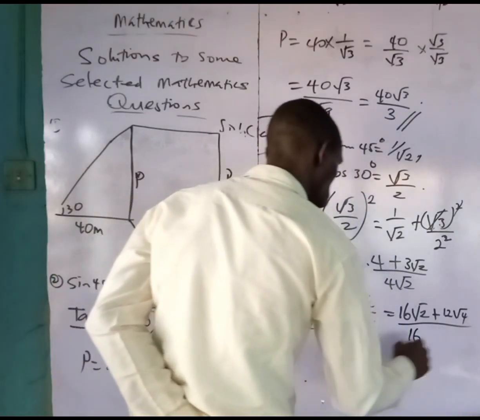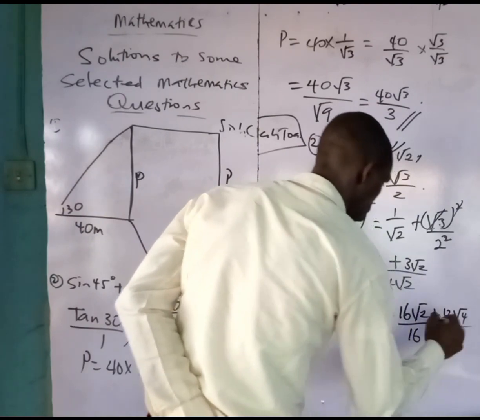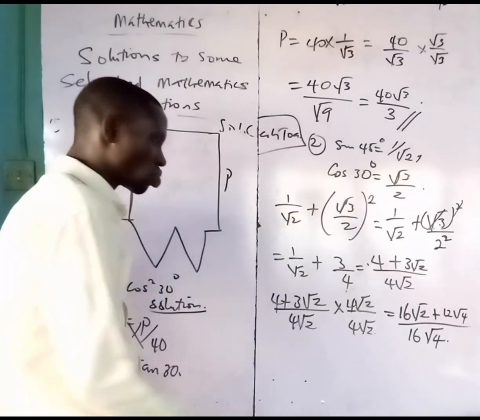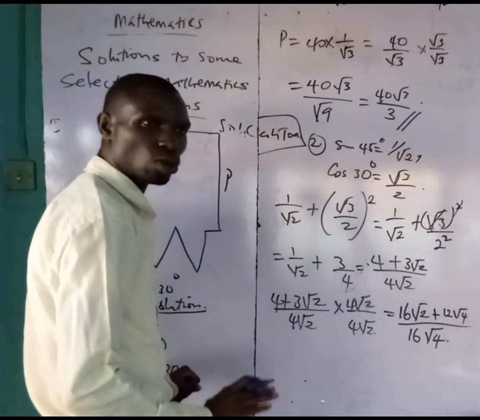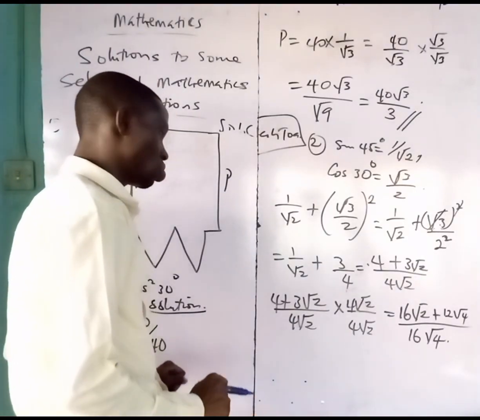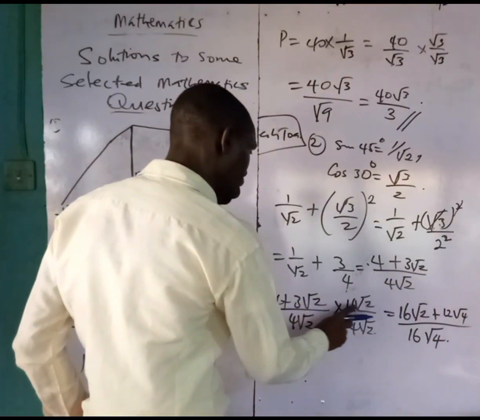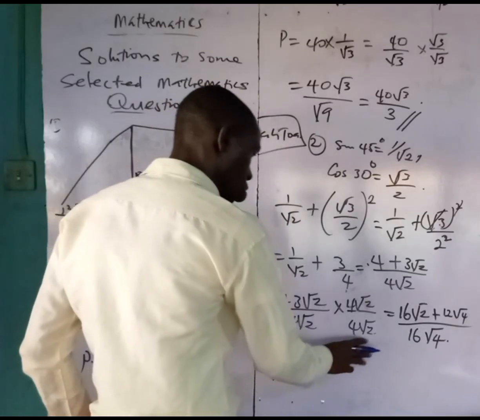Root 2 times root 2, root 4. Do you understand what I did? Are we getting it now? Good. You see it? The one outside multiply the one outside, root multiply root. The one before root multiply the one before root, then root multiply root.